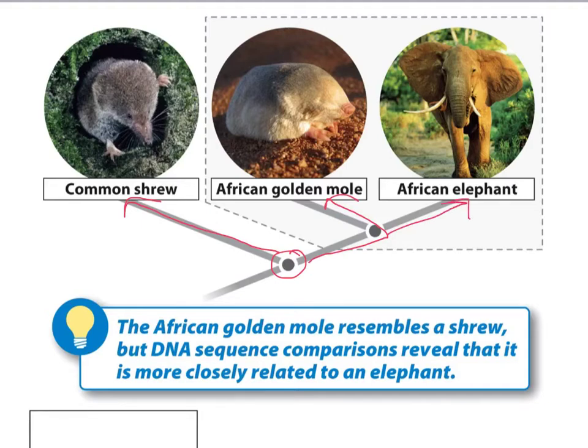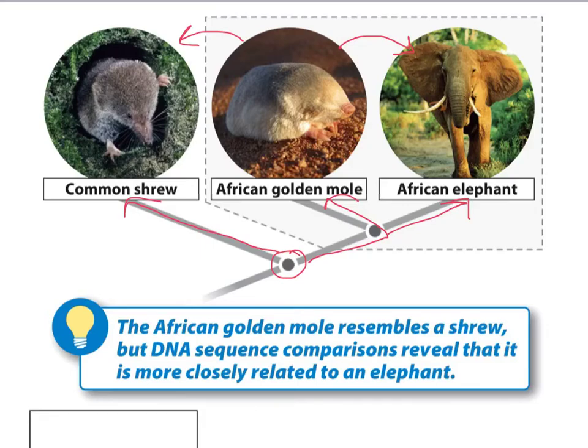Now when you look at these two organisms, they seem completely different. And for a long time scientists thought that these organisms were distantly related. But when we looked at the DNA evidence, we started to see that the African golden mole was actually more closely related to the African elephant than it was the common shrew, even though physically they look very similar.